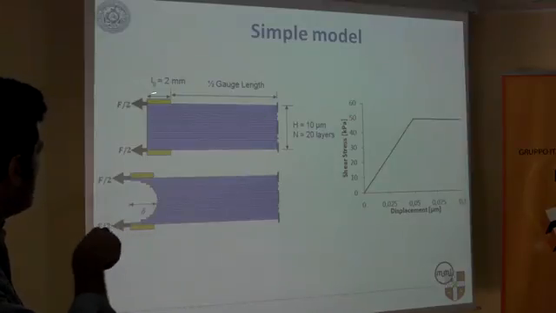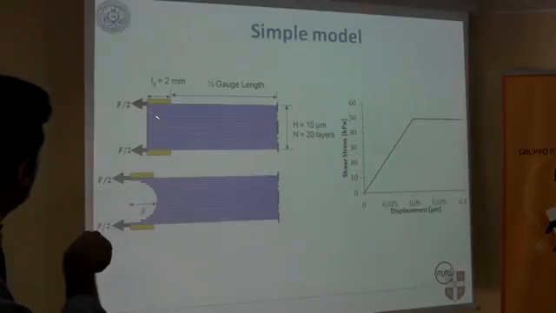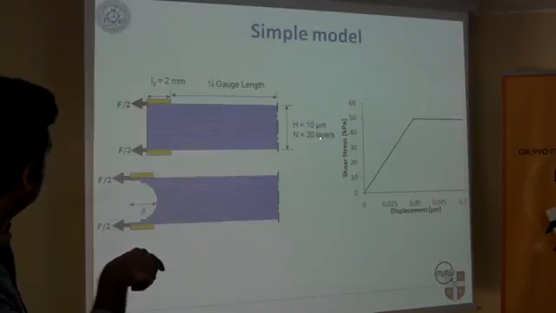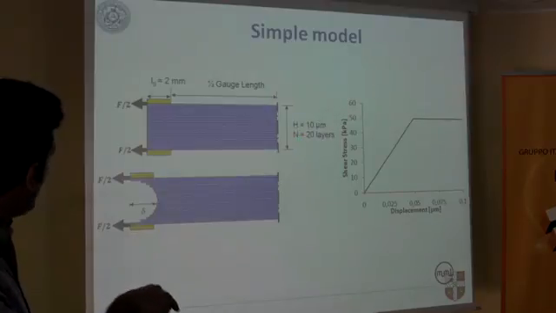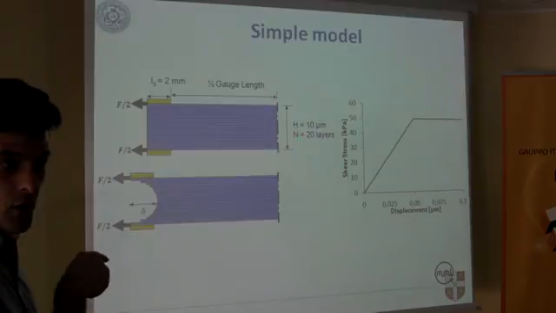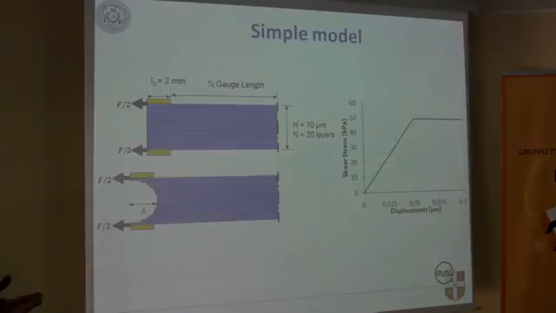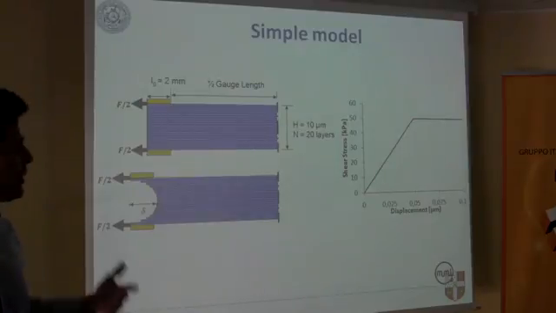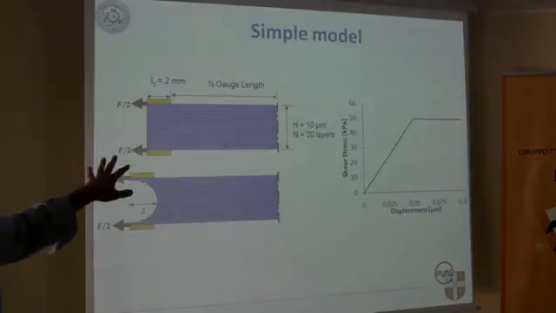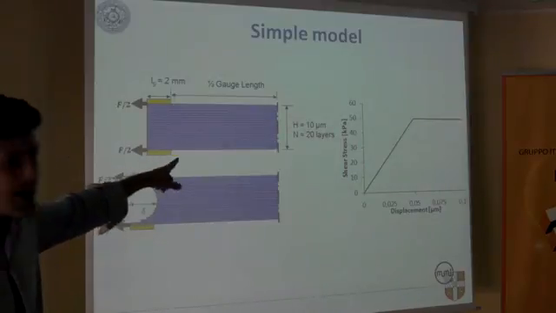The hypothesis is that there is perfect adhesion between clamp and the external part of the fiber, and 20 layers. Diameter is pretty realistic. We use planar model because it was the only one that allowed us to represent real length, because we are talking about 25 millimeter of length, over 10 micron of diameter.